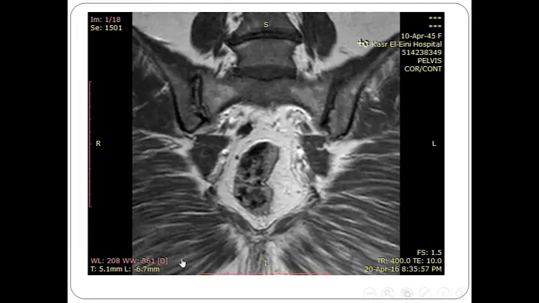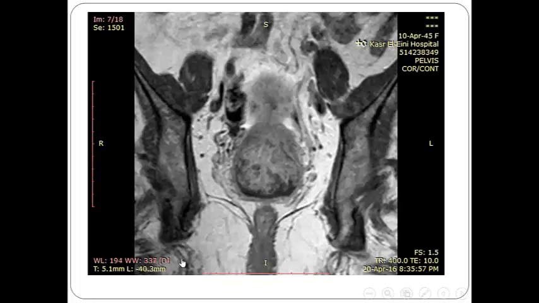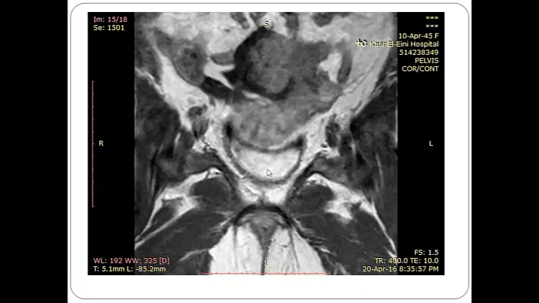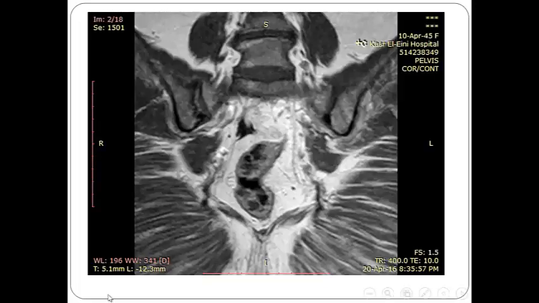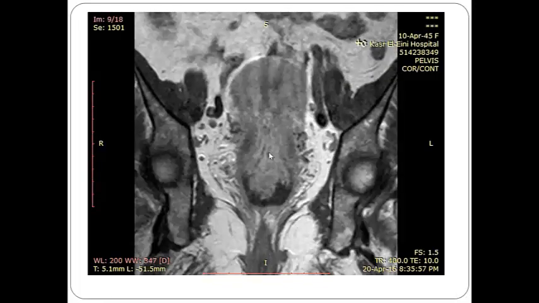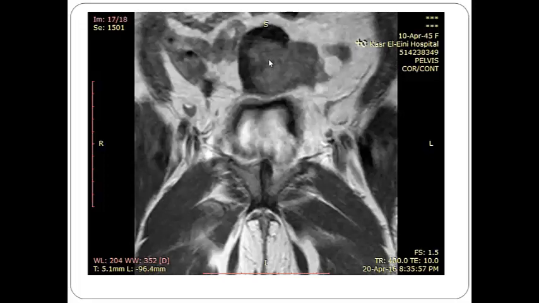Here, the coronal. This is the polyp, the broccoli sign. And here, there is an adnexal solid and cystic lesion, but the cystic part appears as if it's in the periphery. It's mainly a solid mass enhancing on post-contrast.